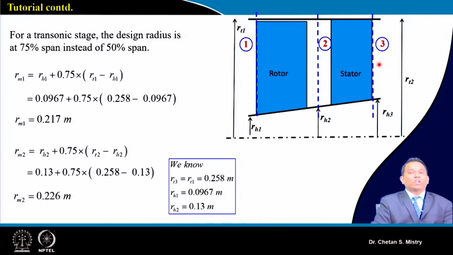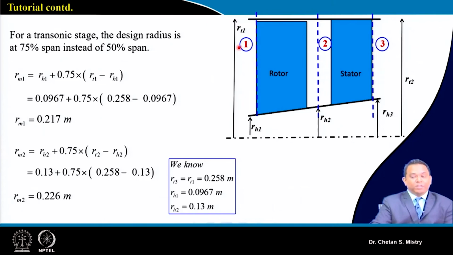And for a transonic compressor, we take our mid station at 75% of span. That is a thumb rule. If that is your case, at the entry we can calculate my mid radius, which is given by my hub radius plus 0.75 times the tip radius minus the hub radius. That gives me my mean radius at the entry.